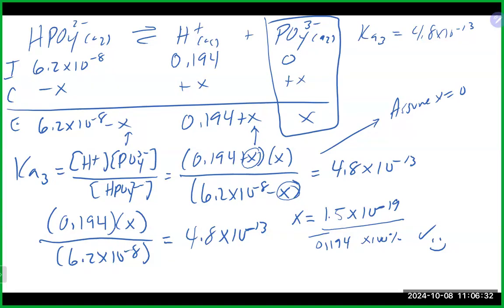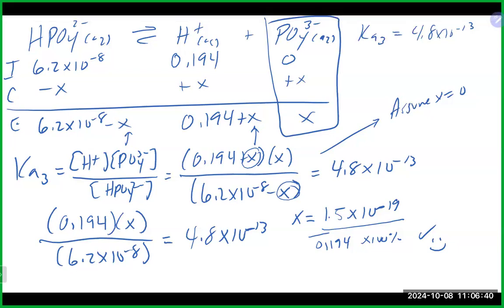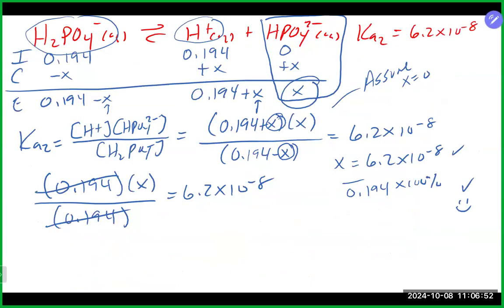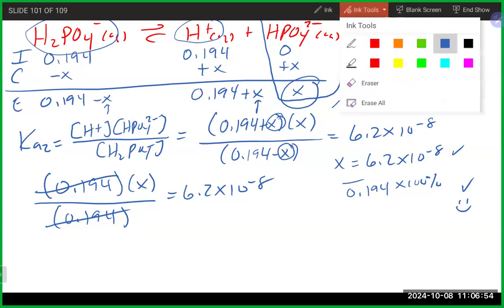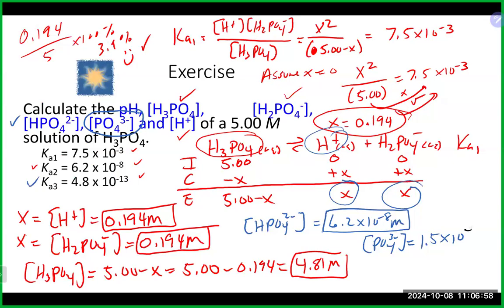No, because it's super small, right? So it's not going to affect those concentrations. So we have 10 to the minus 19 there, I think. All right, so 10 to the minus 19.